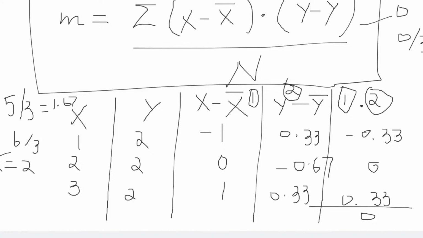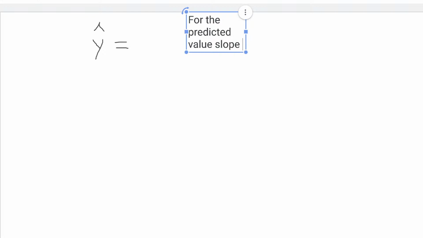But now let us calculate the predicted value. I'll make a separate column for the predicted value, that is y hat. Now for the predicted value, slope and intercept will remain constant.